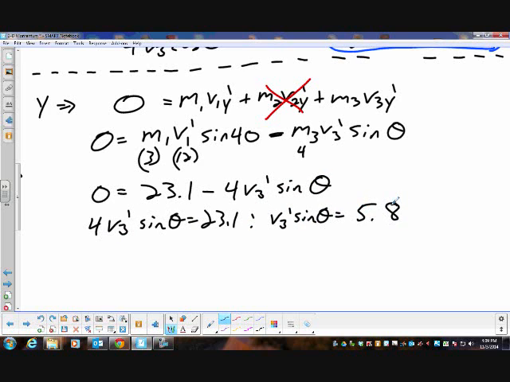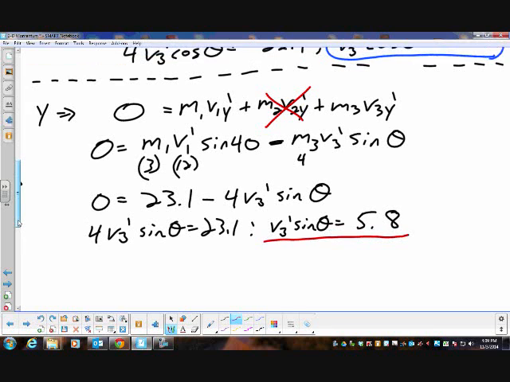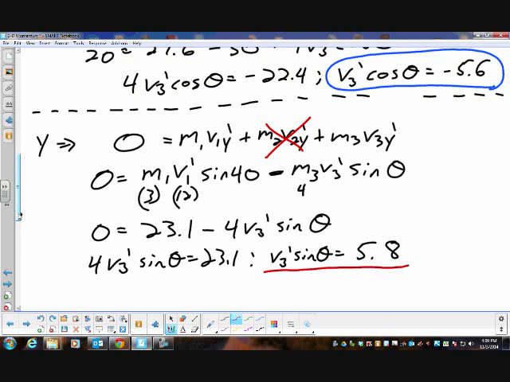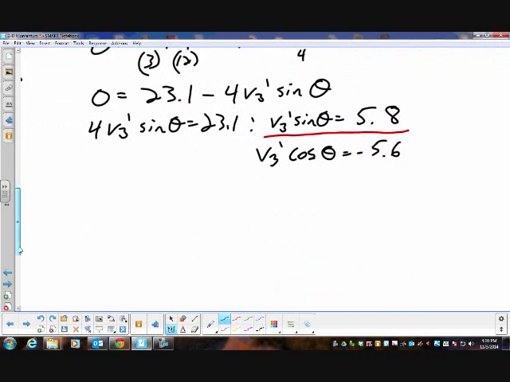So I have two expressions. I have V3 prime sine theta is equal to 5.8, and then from my x direction I have V3 prime cosine theta is equal to negative 5.6, and what I need to do is solve these equations simultaneously.